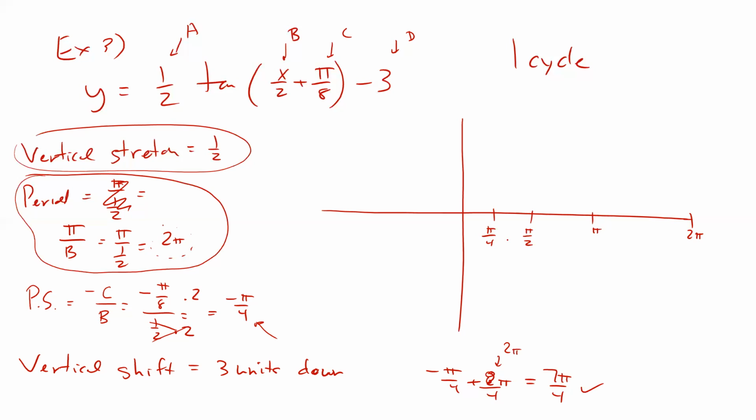So pi over 4, 2 pi over 4, 3 pi over 4, 4 pi over 4, 5 pi, 6 pi, 7 pi over 4. And eventually I'm going to wind up over here.